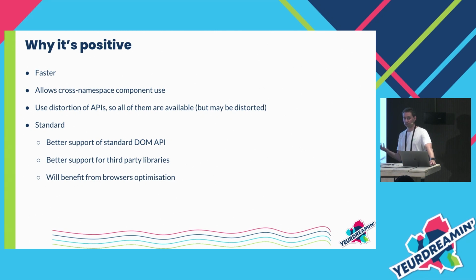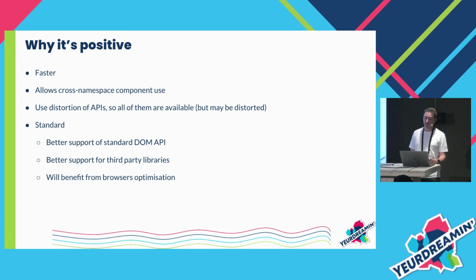I want to create a library of components in my namespace, Fabien dash something. You pay for it and have access to the library. Previously with Locker, if you created a custom component, you couldn't use my component inside yours. That was not possible. With LWS, it's possible. That's one of the big changes between the two.